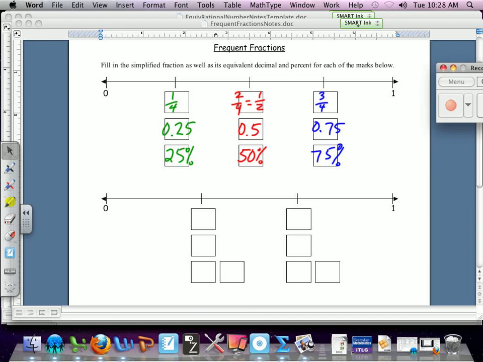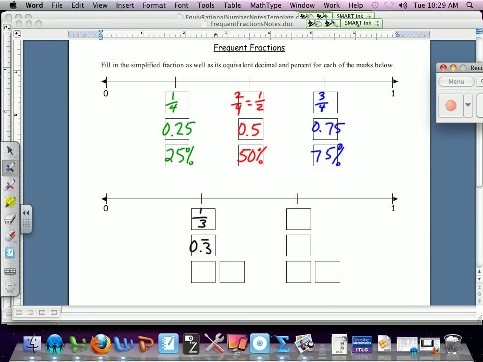Now if we look down at the next number line, we have 3 segments to go from 0 to 1. So each segment is worth 1/3. Here's where people think they know the equivalencies, and they don't always. So 1/3 as a decimal, some people just say it's 0.3 or maybe 0.33, but in reality it's 0.3 repeated, 0.33333 forever and for always.